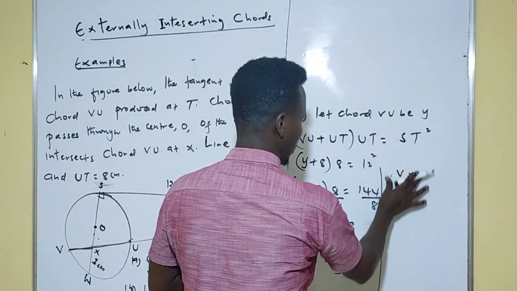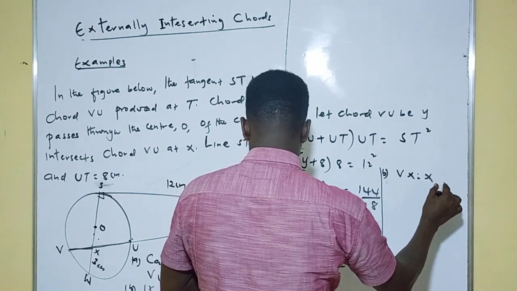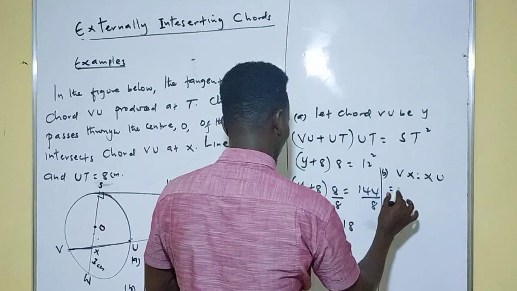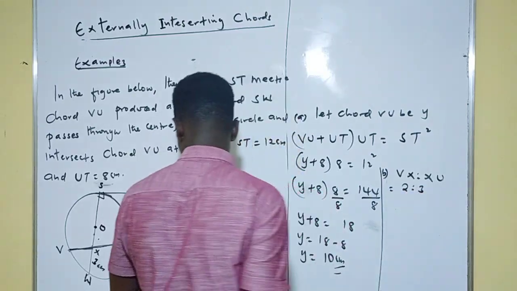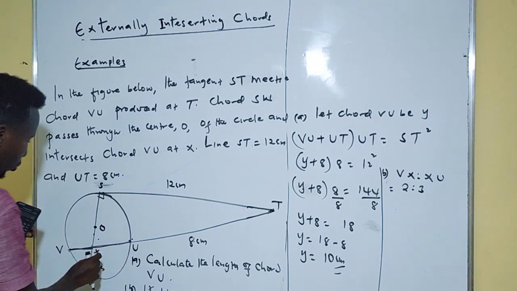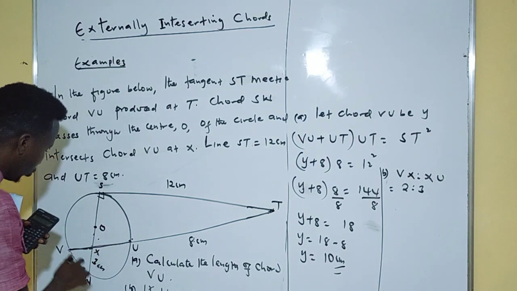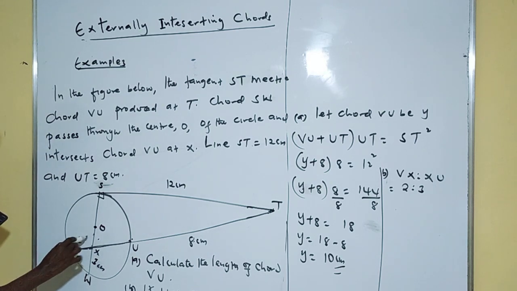VX to XU is equal to 2 to 3. So remember the whole line VU you have. We want to get these two. VX to XU. For you to get VX, it's 2 to 3, that's the ratio.